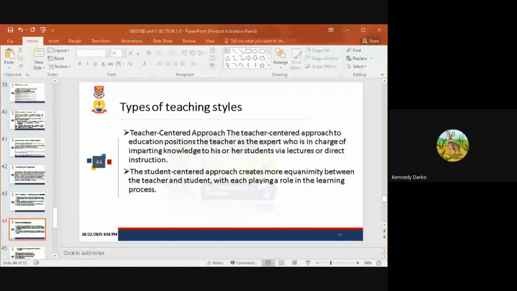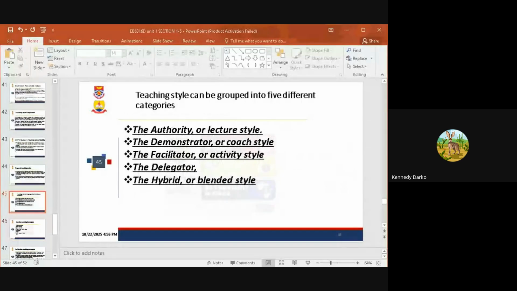Here, the student is placed at the center of the learning process. The student is considered the doer in the role of learning. So you give them research to go and do on their own, so that they will know the concept when they come and share with the class.